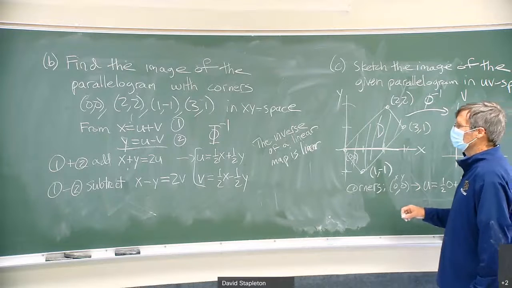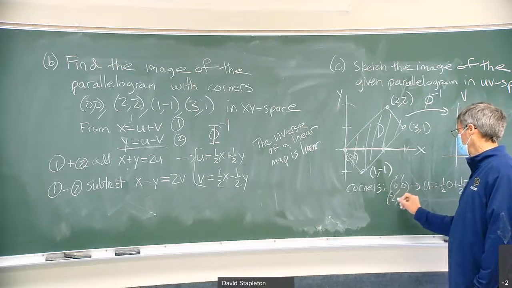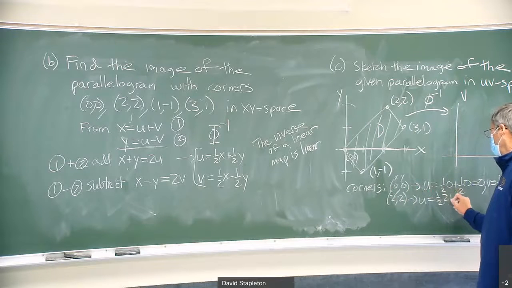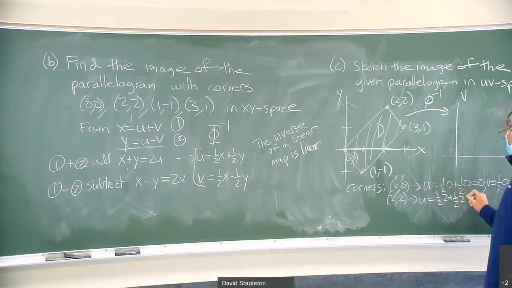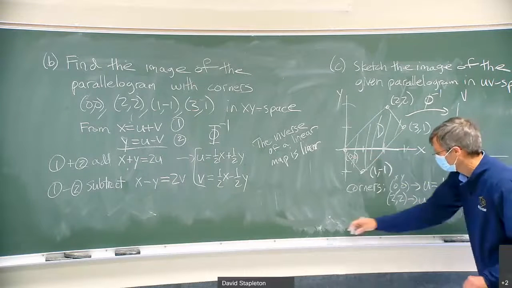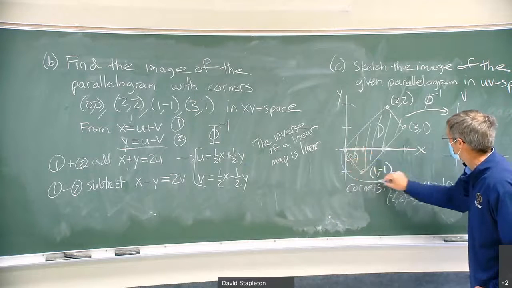And then I take the point 2, 2. That tells me that U is 1/2 times 2 plus 1/2 times 2, which is equal to 2. But V is 1/2 times X minus 1/2 times Y: 1/2 times 2 minus 1/2 times 2 is 0. So that takes it to the point 2, 0. We can draw an arrow if it won't clutter too much.